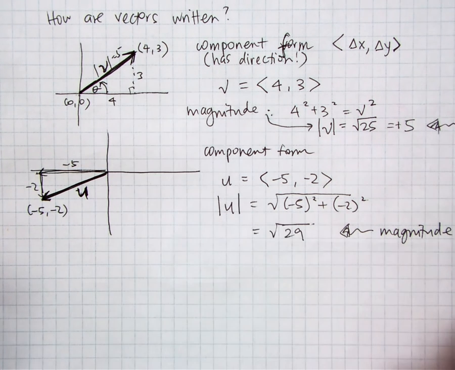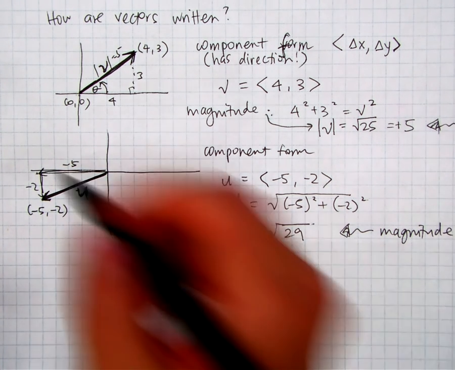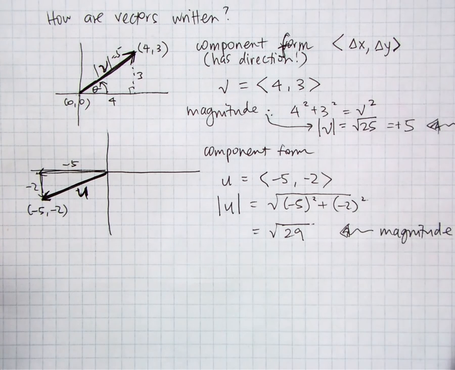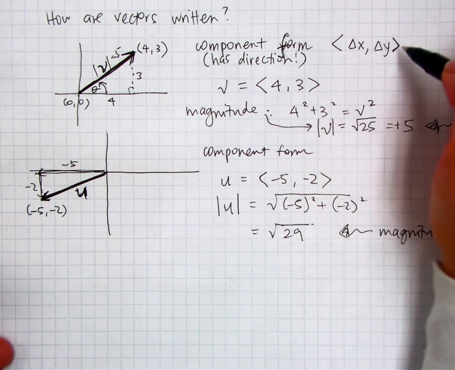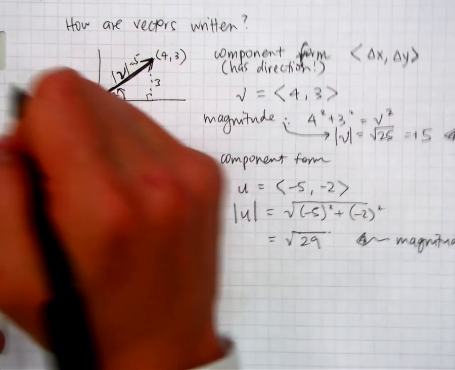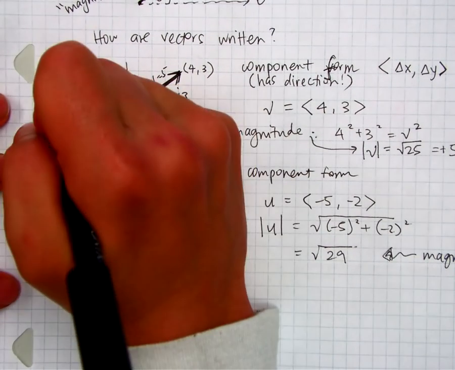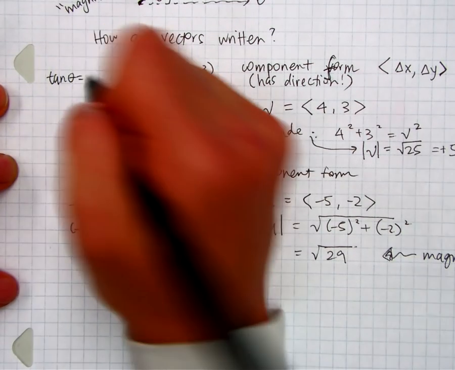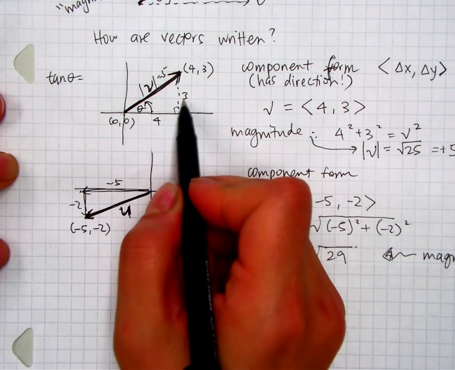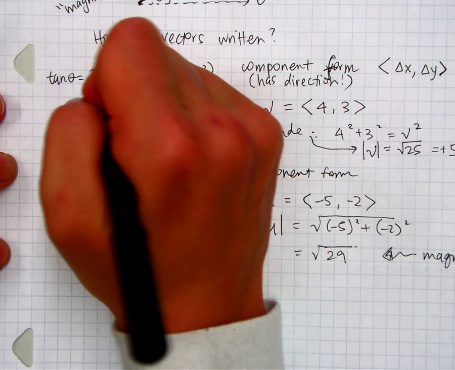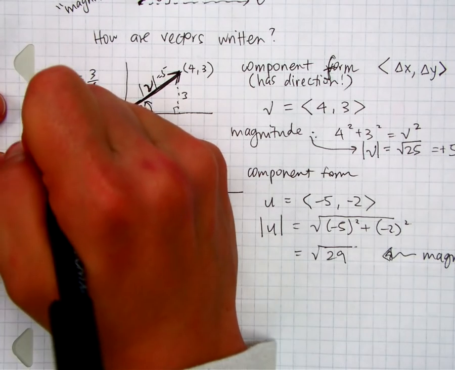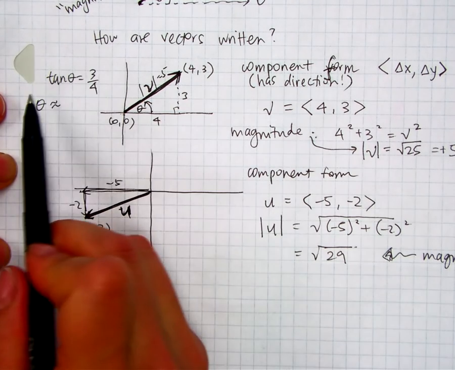So any of those forms will work. I'm going to find the direction using tangent. I'm kind of out of space, so let's do it over here. The tangent of theta is going to equal opposite over adjacent. Then I'm going to take the arctangent of both sides.